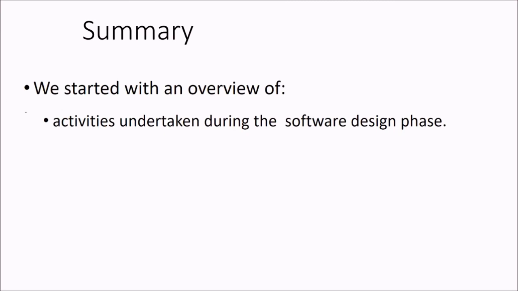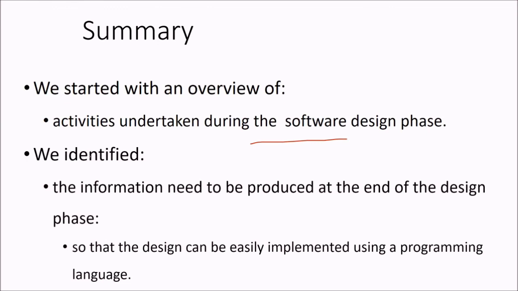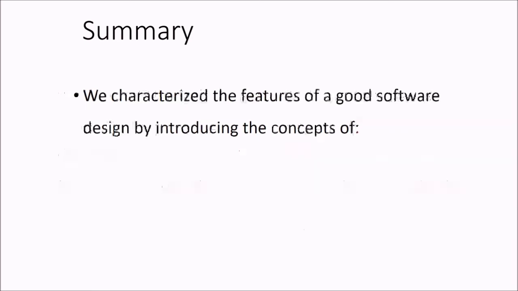So I hope you found the difference between these two. When we started this discussion, we talked about activities undertaken during the software design phase. We identified the information that needs to be produced at the end of the design phase, so that the design can be clearly and easily implemented in the programming language which you choose.